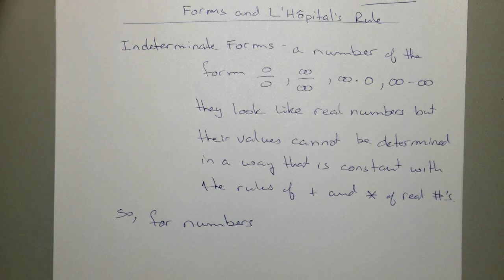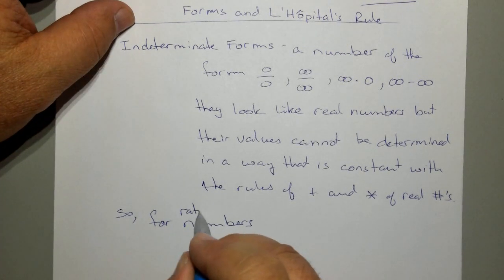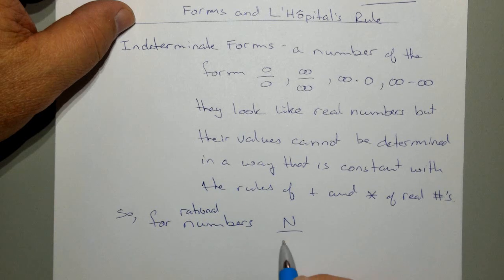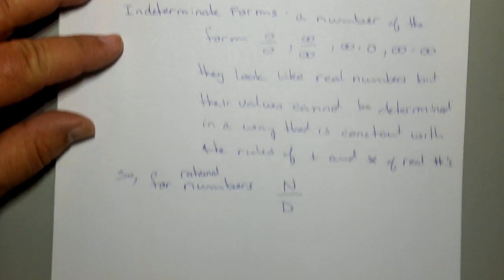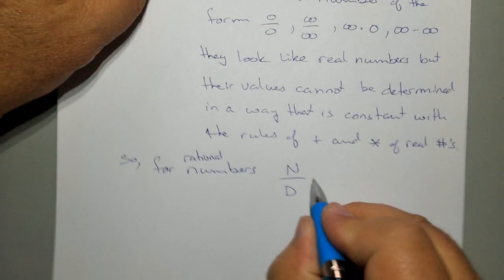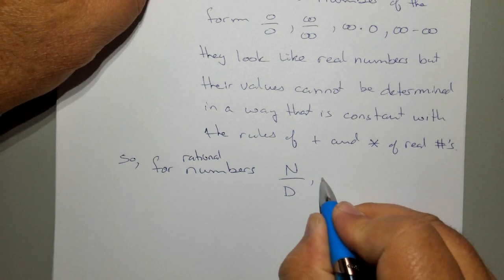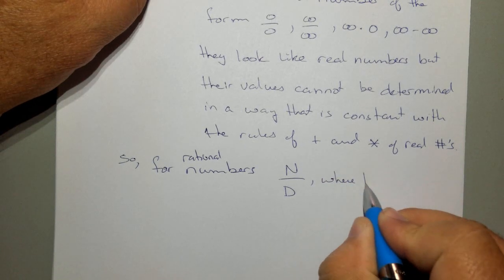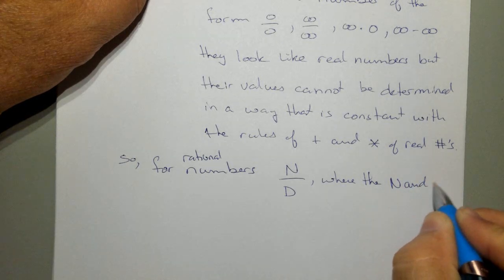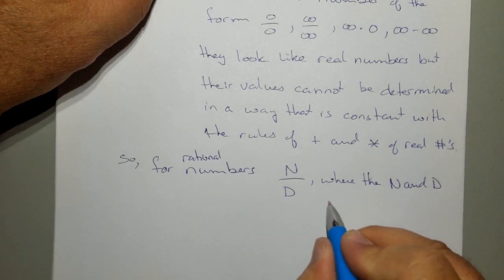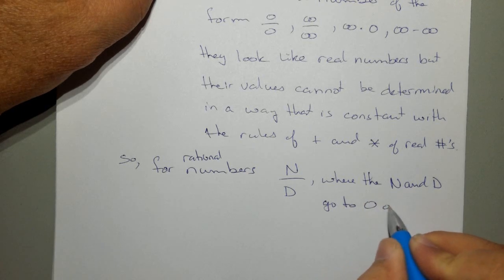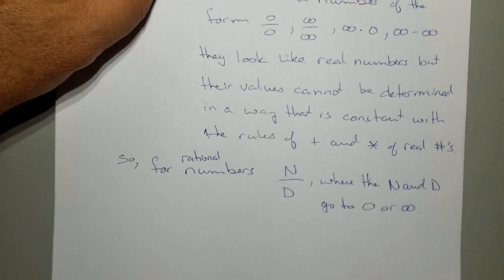So for rational numbers, we have a numerator and a denominator, where the numerator and denominators go to 0 or infinity.